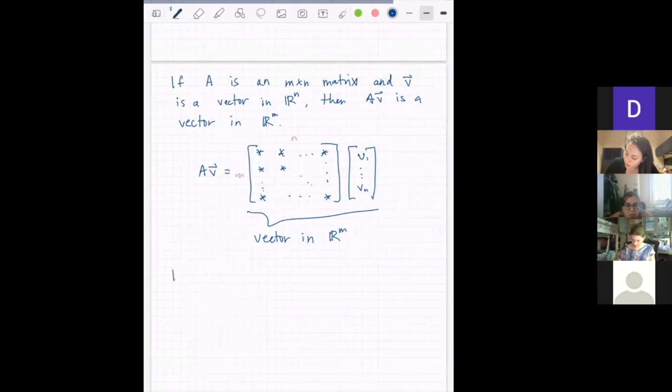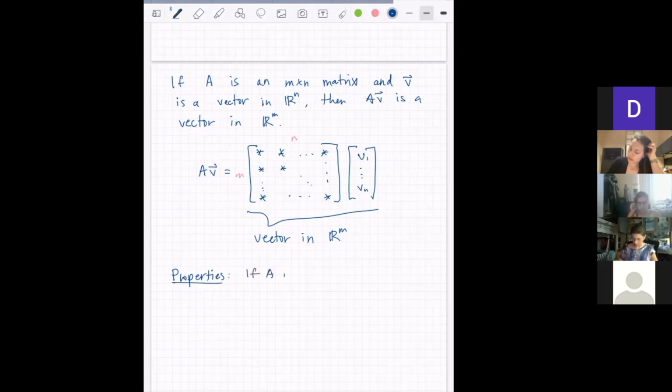A couple of properties that matrices have. Or sorry, not matrices. There's two properties of this matrix times vector multiplication.